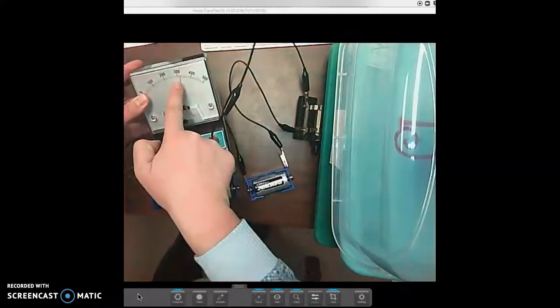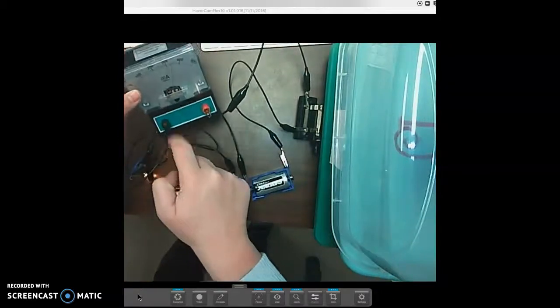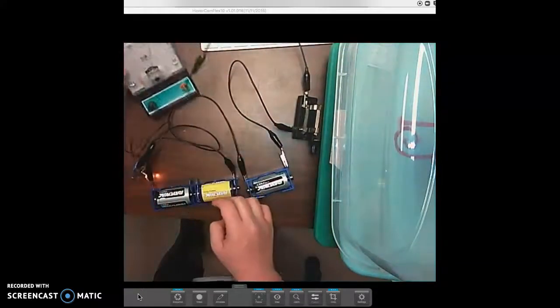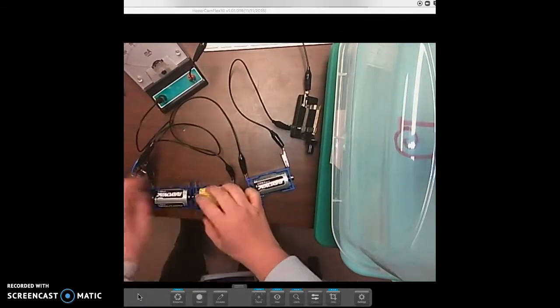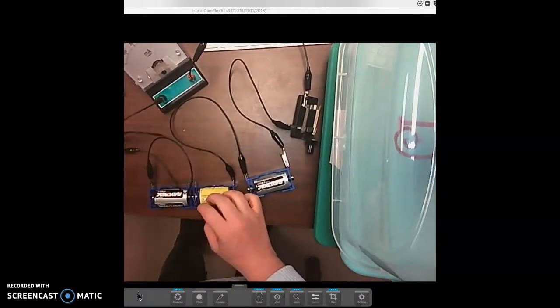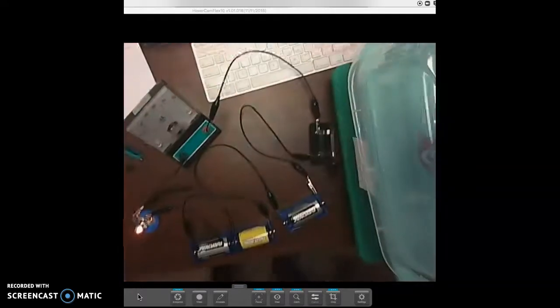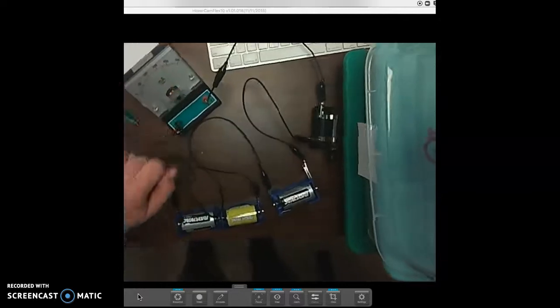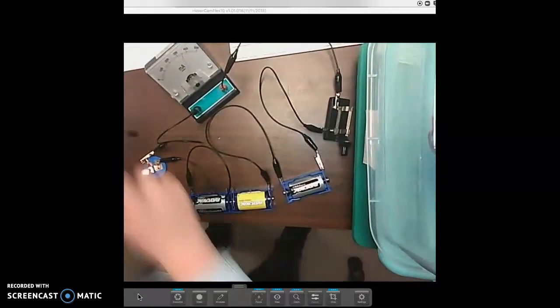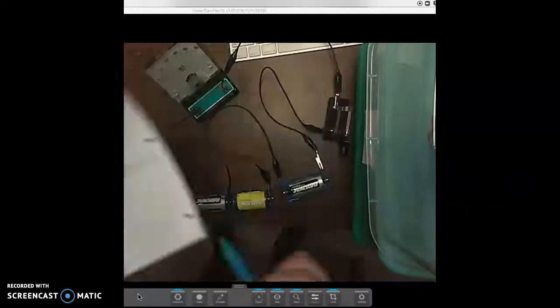So our new current is at, well, my batteries came undone. So my new current, you can see, is at 360 milliamps. So that's my current with 3 batteries.